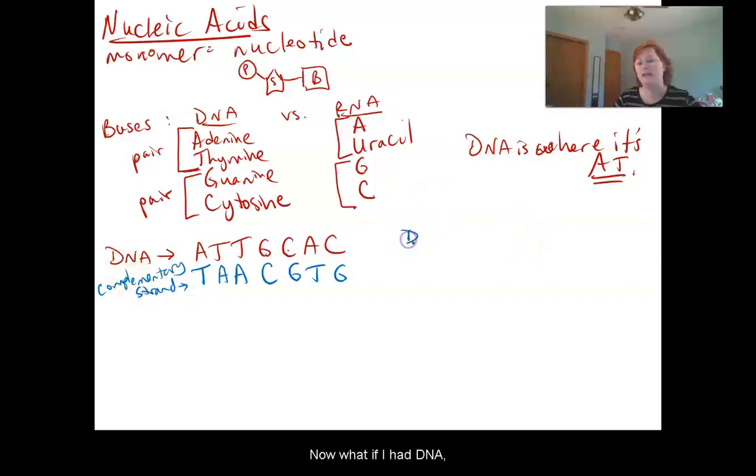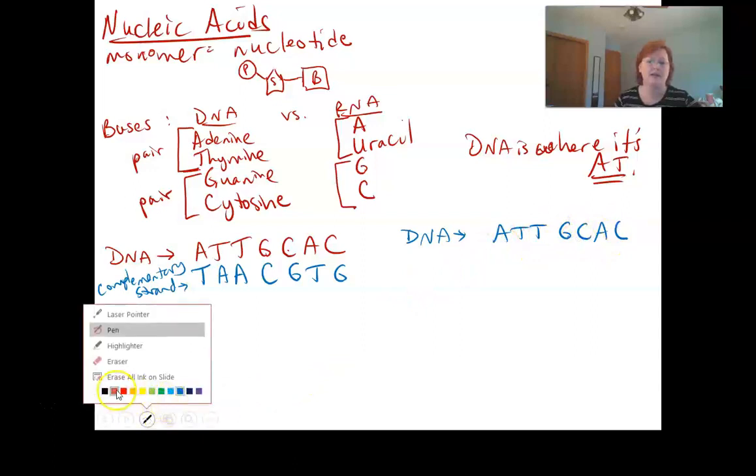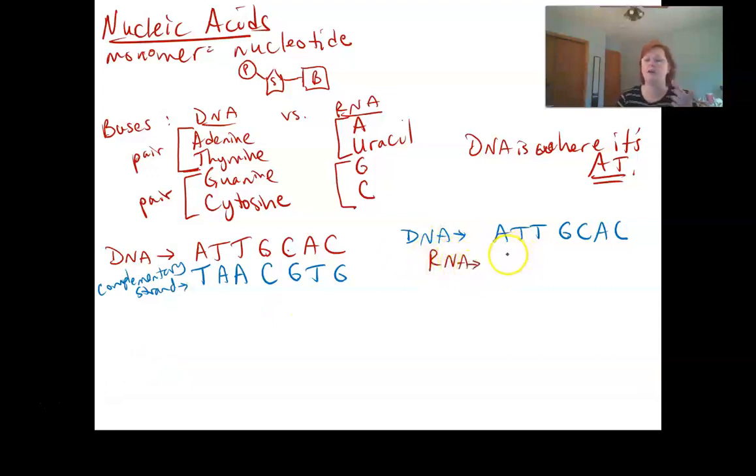Now, what if I had DNA, and let's use the same strand, but now I want to make mRNA from it because I'm doing protein synthesis. If I'm going to make a complementary RNA strand, remember, I'm going to use the same complementary pair rulings, but RNA has uracil in it.